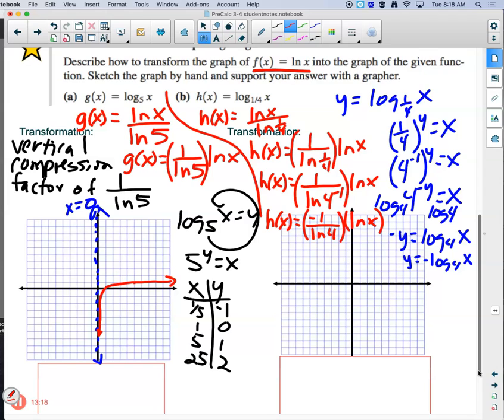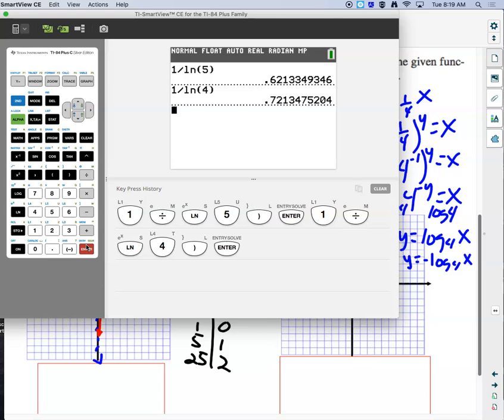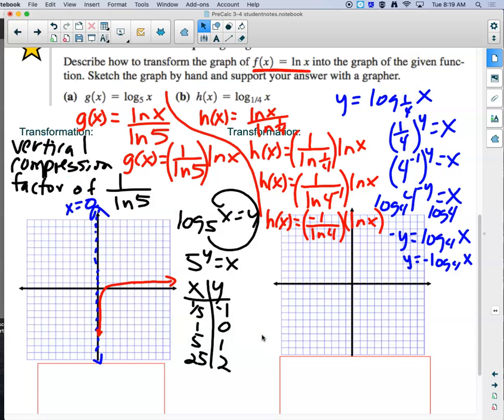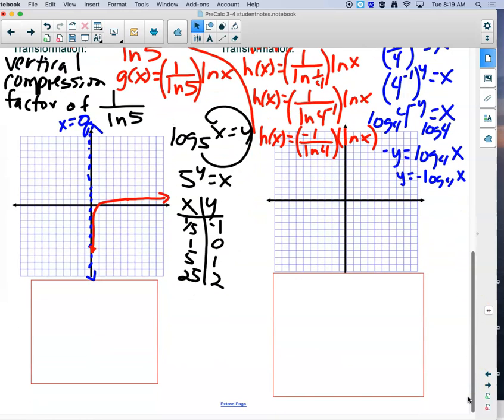So for transformations, we would want to talk about that reflection, and we want to know what 1 divided by the natural log of 4 is. So let's take a look at that. Again, not a surprise there that that's going to be a decimal between 0 and 1. So we also have a vertical compression. So that negative gives us the reflection, which I have run out of space for my transformation. So I'm just going to write that down here.